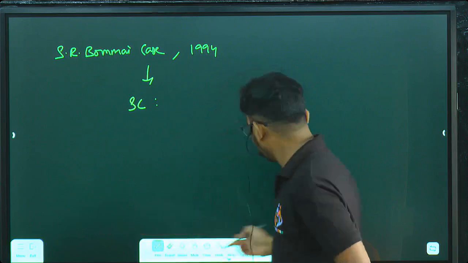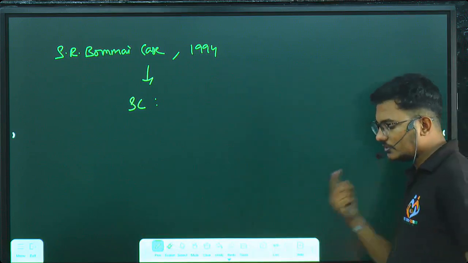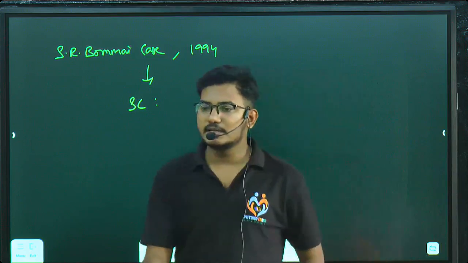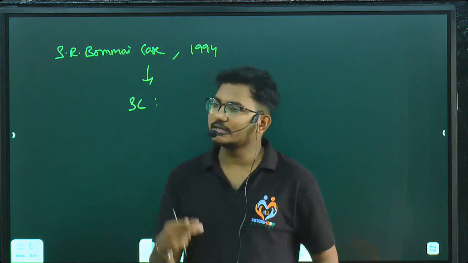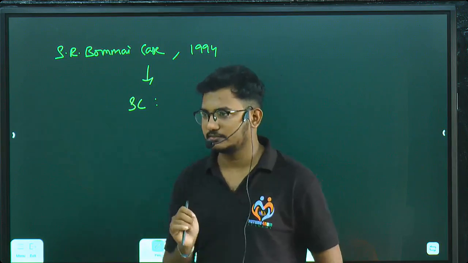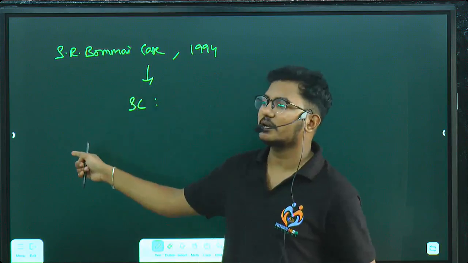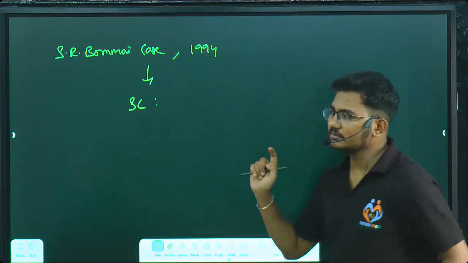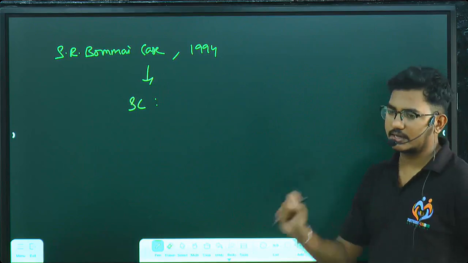Okay, so following the Sarkaria Commission report, see, what the governor used to do before is, immediately after he proclaimed the president's rule, he used to dissolve the legislature. He used to call for the new elections. But later, after the Sarkaria Commission recommendations and the SR Bommai case, the Supreme Court said you cannot dissolve the legislature directly.